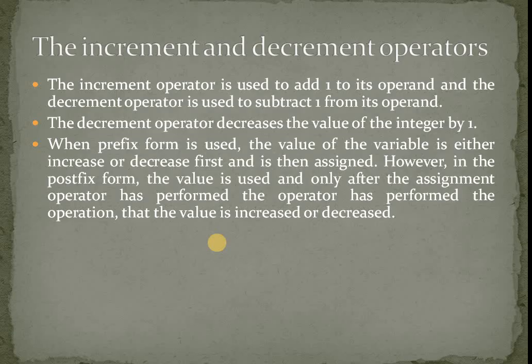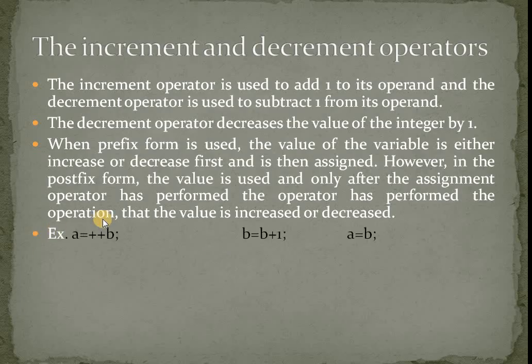When prefix form is used, the value of the variable is either increased or decreased first and is then assigned. However, in the postfix form, the value is used first, and only after the assignment operator has performed the operation, the value is increased or decreased.